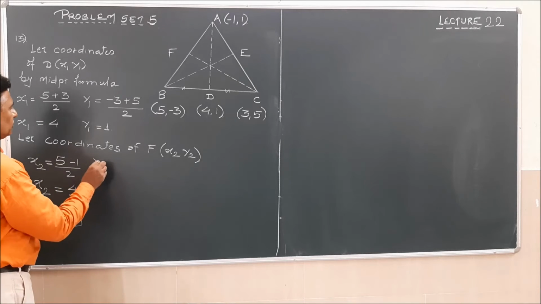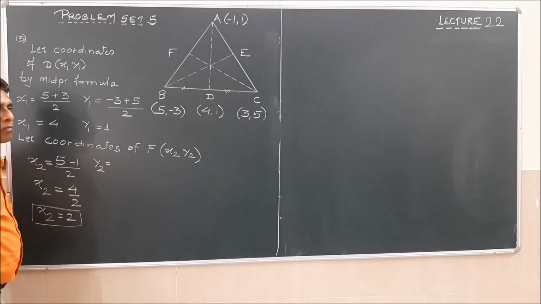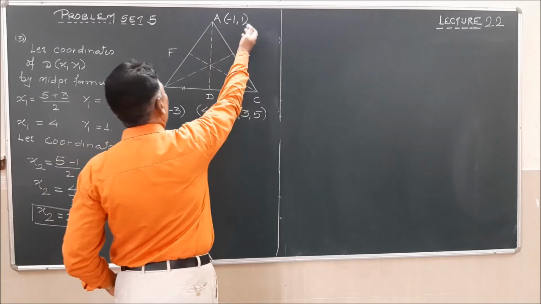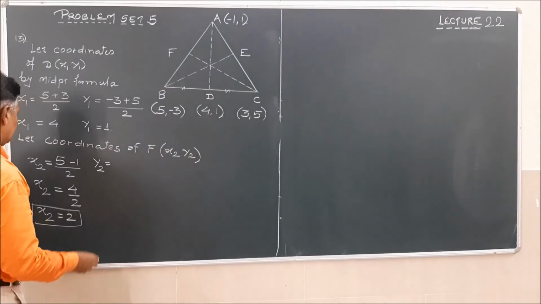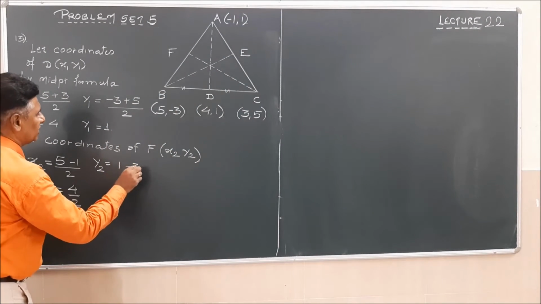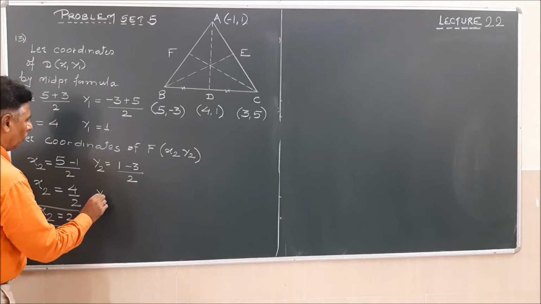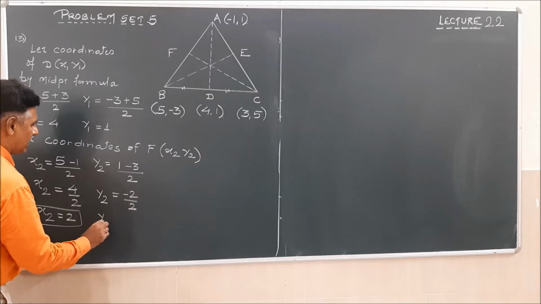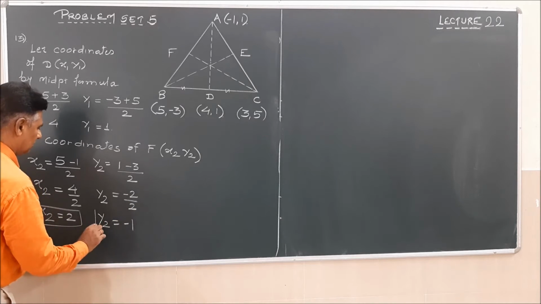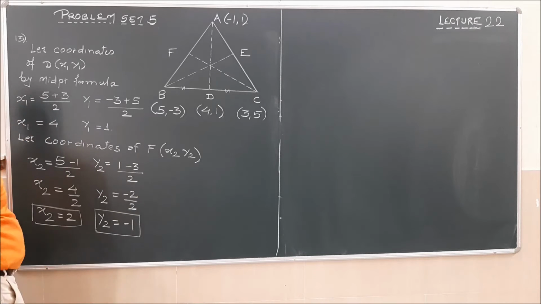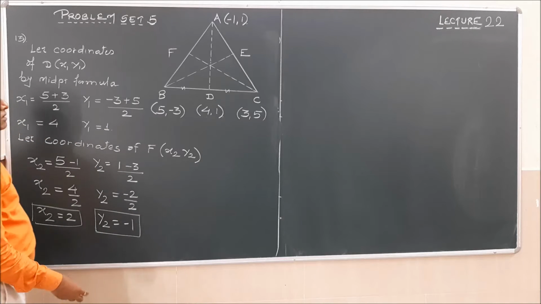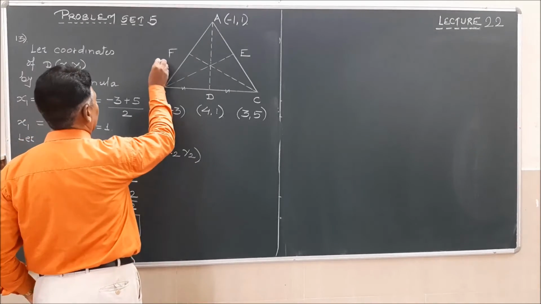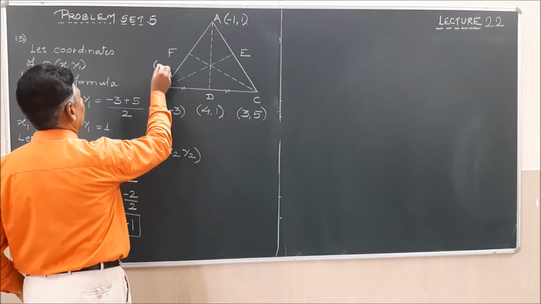Now you will get y2 is equal to (1 minus 3) upon 2. Obviously we will find 1 minus 3 is minus 2 upon 2. So y2 is equal to minus 1. Minus 2 upon 2 is minus 1. So I will get the coordinates of F as x2, y2, that is 2, minus 1.